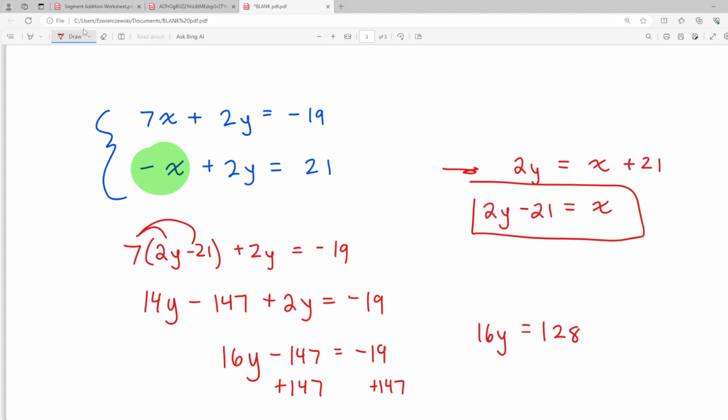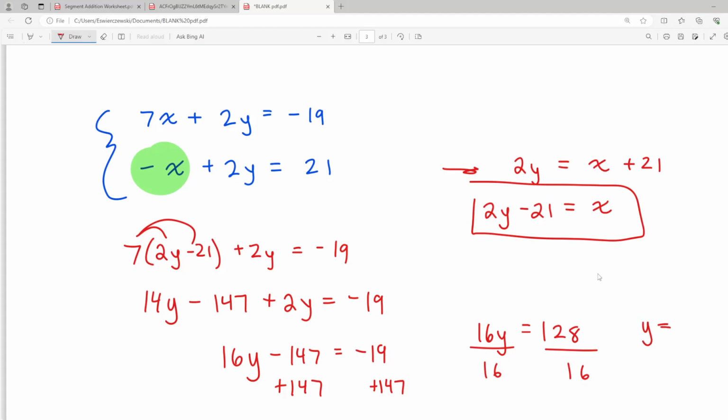Yes. 147 minus 19. Or is it 118? Oh, yeah. That's an 8. I was right. Okay, 128. Second guessing myself. And then divide both sides by 16.